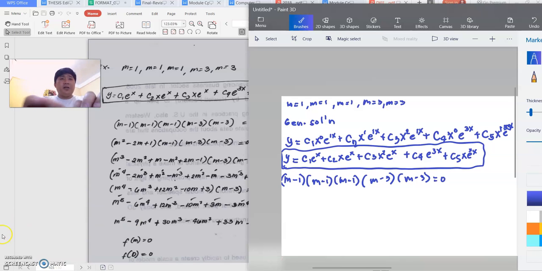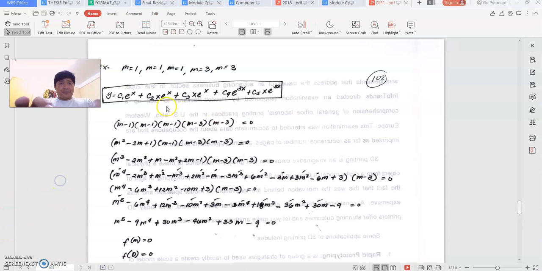So let's try it. From here, what we do is factor this one. You could use whichever methods are easier in algebra. So m times m, you have m squared, minus m times negative 1, negative m, negative 1 times m, negative 2m, and negative m.